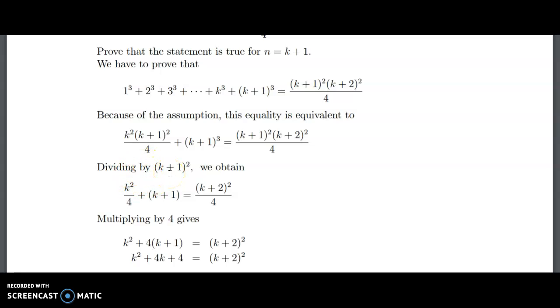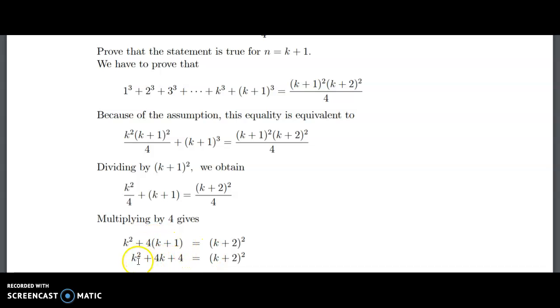Then we divide both sides by k plus 1 squared to simplify the equality. We obtain an equivalent equality. Then get rid of denominators, multiplying by 4. The result is an equivalent equality.